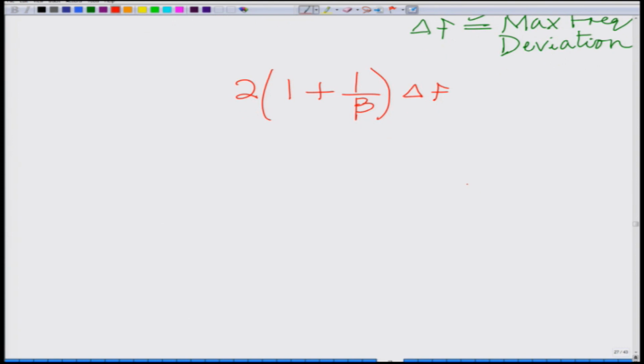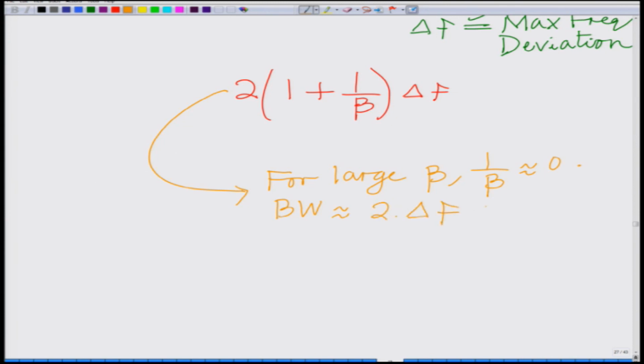Now, for large beta, 1 over beta is approximately equal to 0, which means the bandwidth is approximately equal to twice delta f, where delta f is the maximum frequency deviation. So for large values of beta, this expression reduces to twice delta f, similar to what we have seen in the principles earlier.